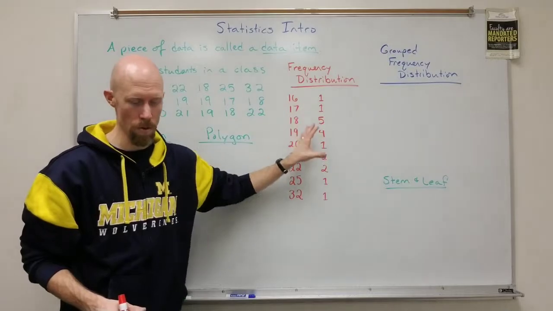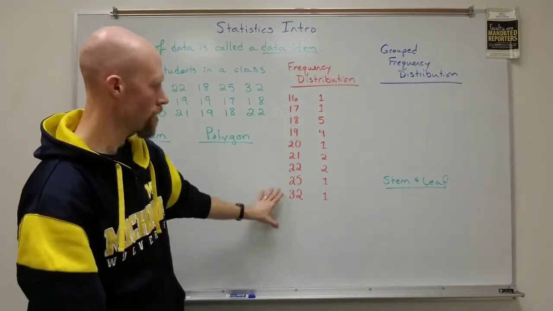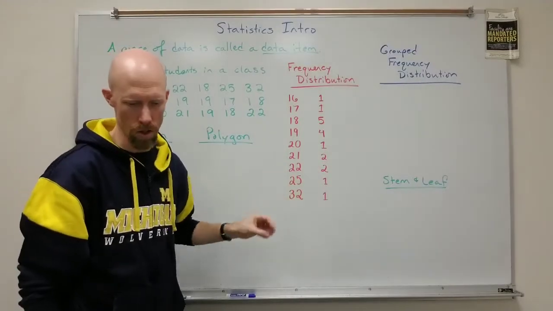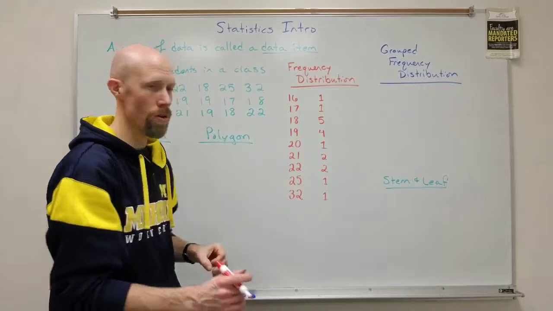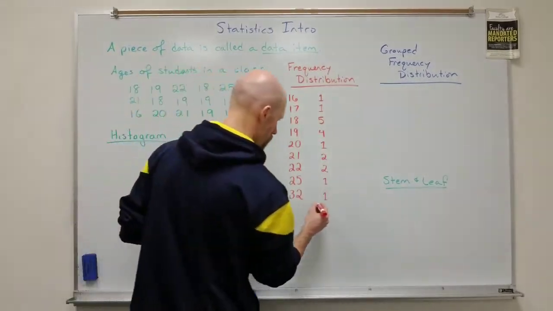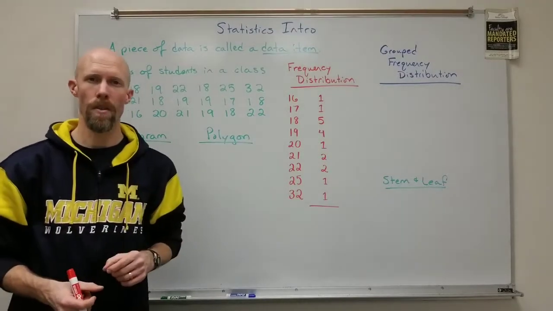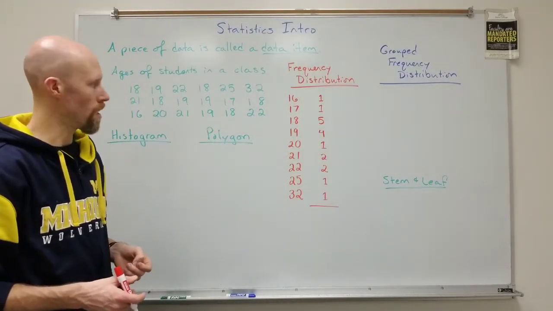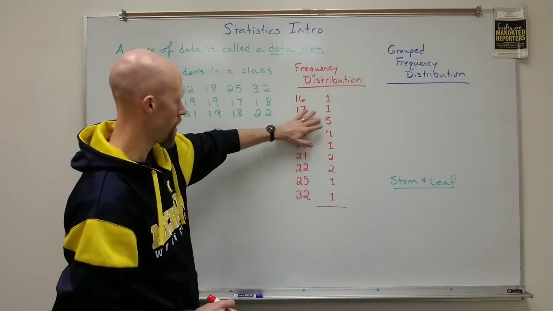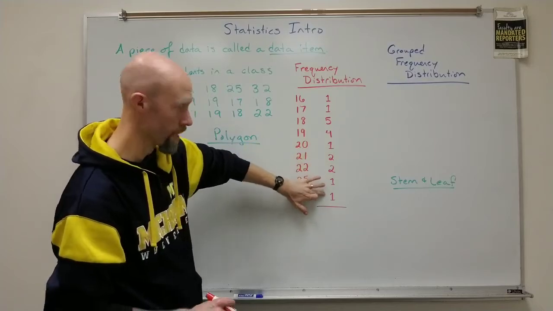It's just the number of times that each individual value occurs within the list. Now, one thing to note is that your total here, if I added all these frequencies together, you should get the 18 for the total number of items. 5, 9, 10, 11, 12, 14, 16, 17, 18.